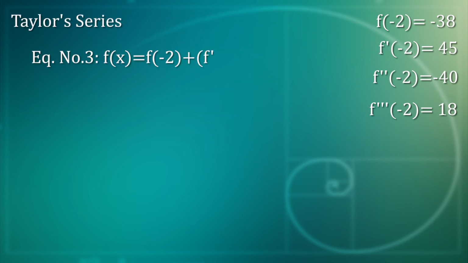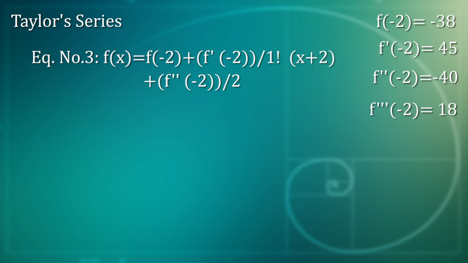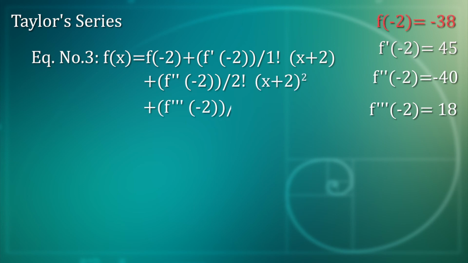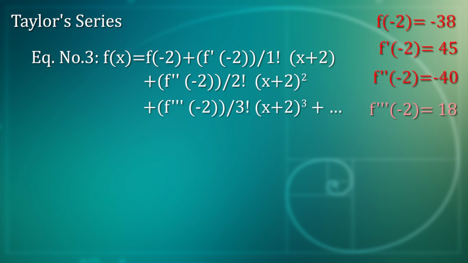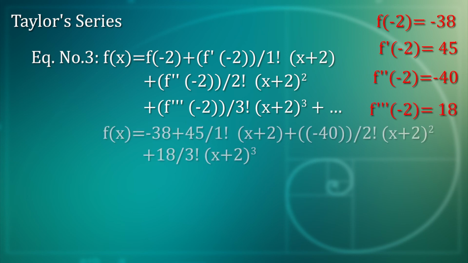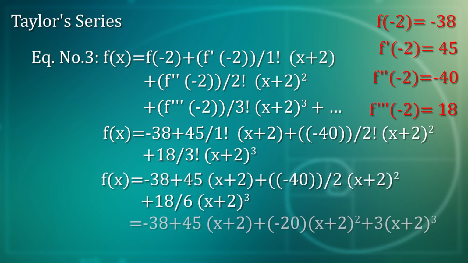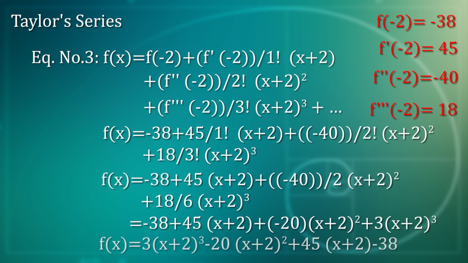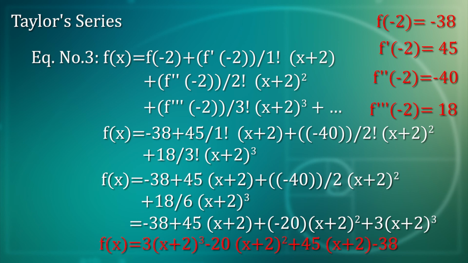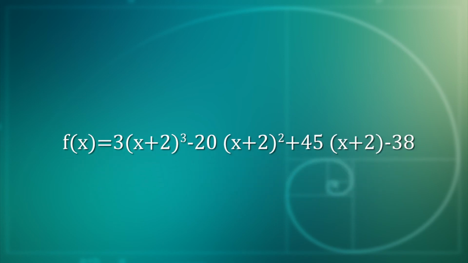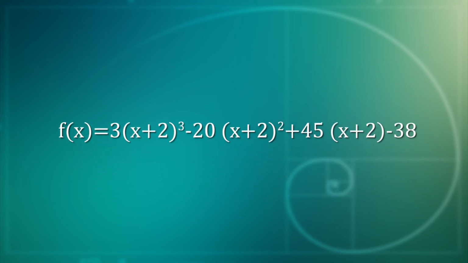So, we will stop here, and now we will use the values from 4, 5, 6, 7 into 3. So, we have arrived at the answer, which is in the powers of x plus 2.